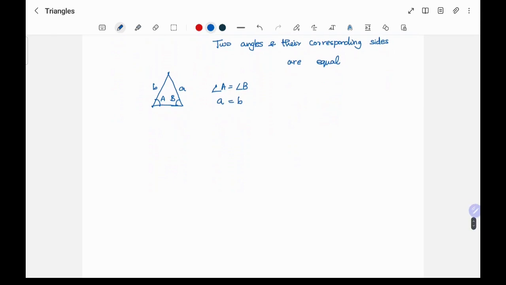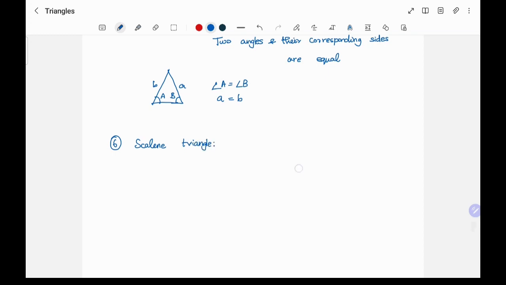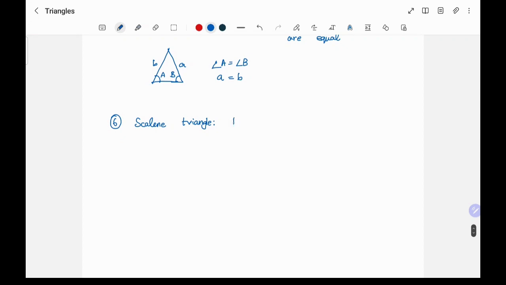Okay. The last type we'll see is scalene. So scalene is nothing special. This means none of the sides or their angles are equal to any other side or angle.